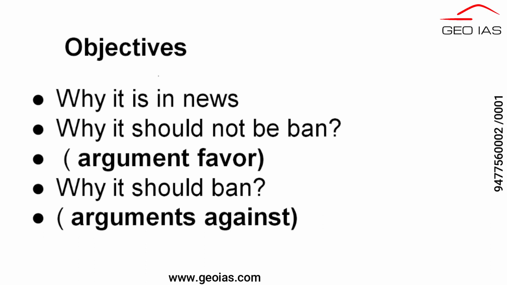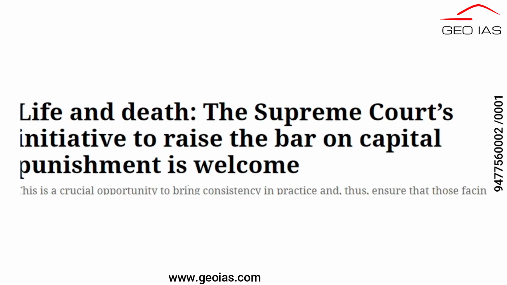The major objectives of the session are: we are going to understand capital punishment, why it is in news, why it should not be banned or why it should continue, arguments in favor, and why it should be banned, or you can say arguments against it.